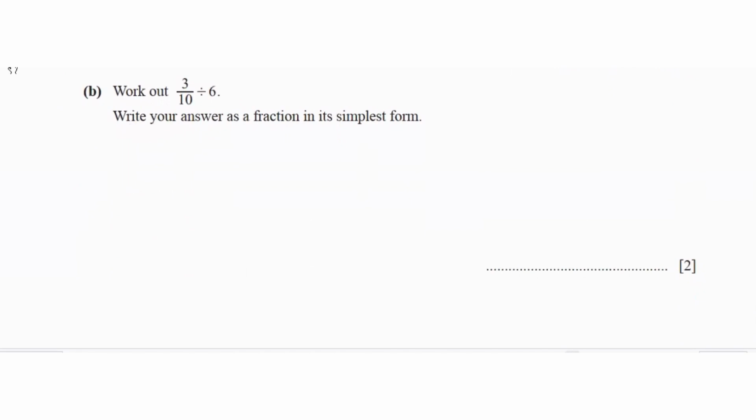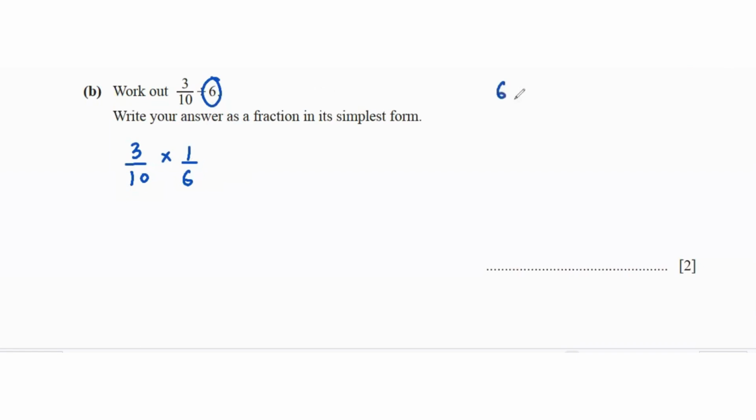Work out 3 over 10 divided by 6. So we'll do 3 over 10 times 1 over 6. Whenever a fraction is being divided by a fraction, or a fraction is being divided by a whole number, we take the reciprocal of the second term. Reciprocal is swapping the denominator with the numerator. So 6 becomes the denominator now.